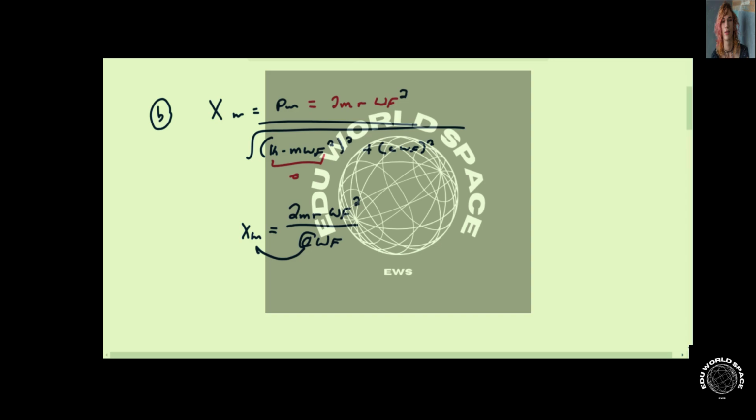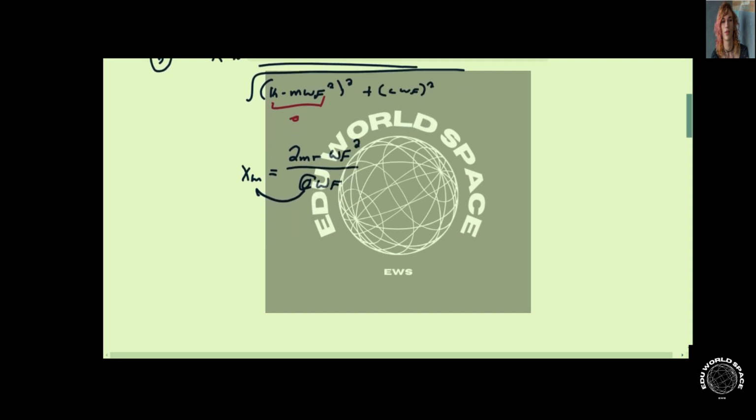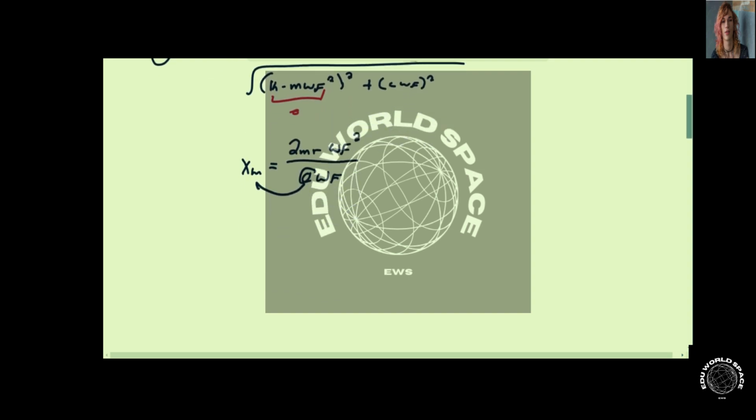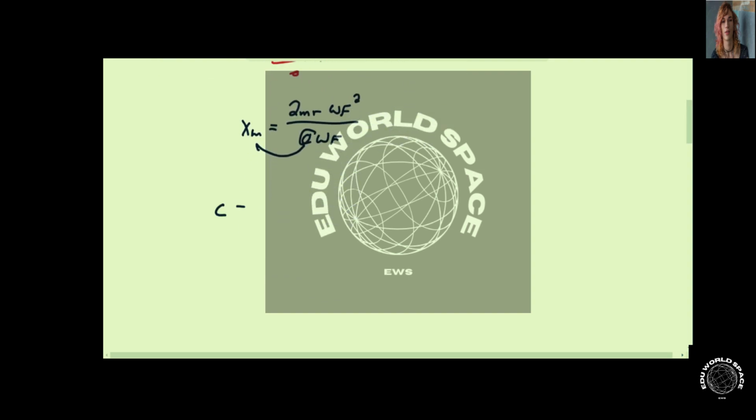Because of this, we're going to get C over here divided by 2mr omega frequency. It's just 1 because this cancels out that xm. And now we can plug in the values that we have. The value that we have is 0.0271.